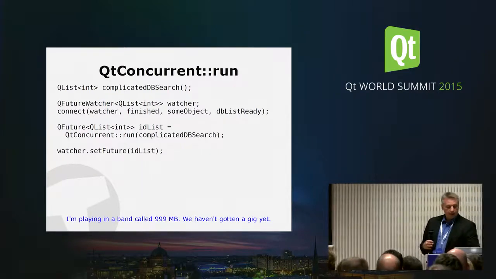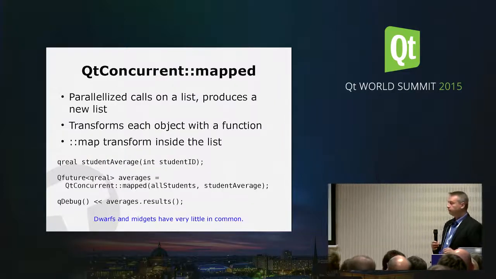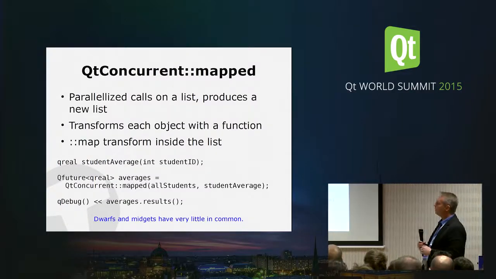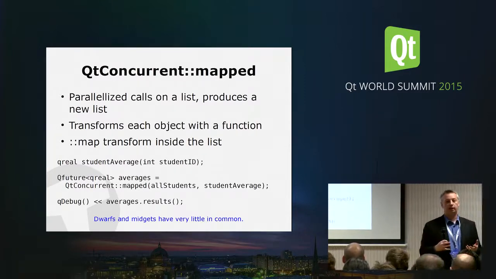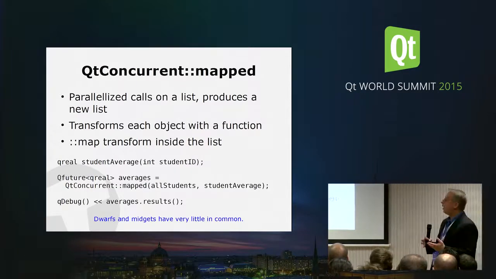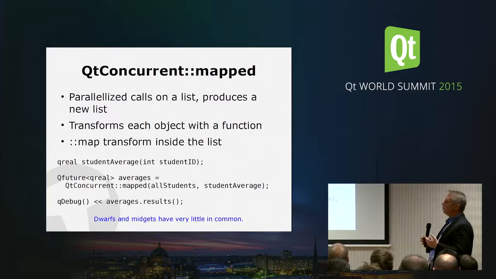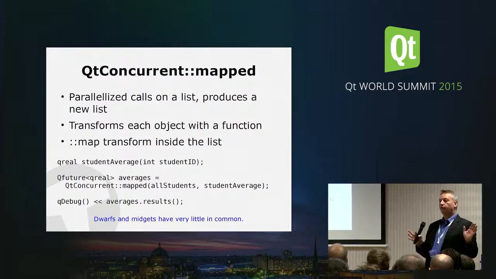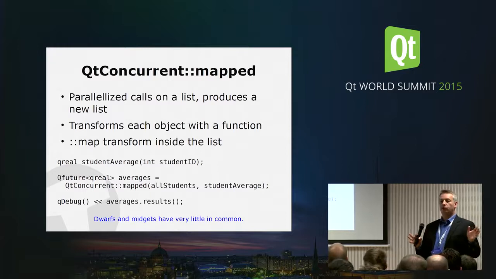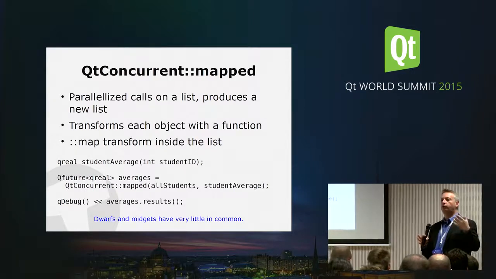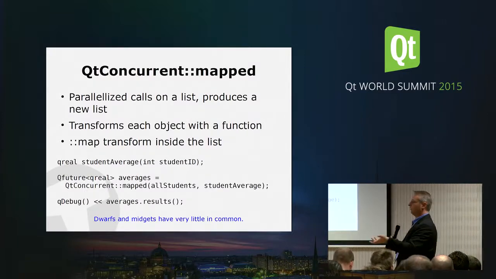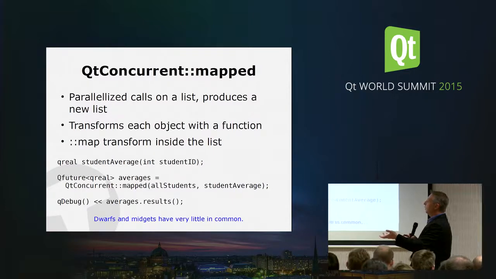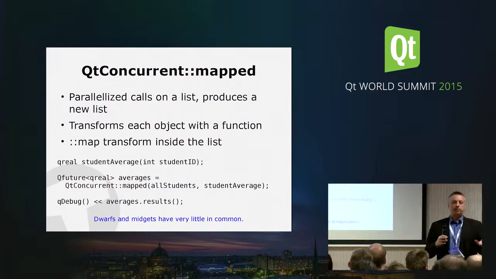So the next one, now we start getting into something that's really complicated. The idea is we have a long array of something that you need to work on. And this array needs to be transformed. Each of the entries needs to be transformed into something else, which sounds terribly abstract.